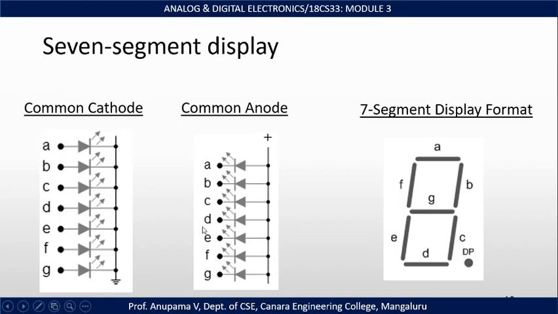When the input value is set to 0 for a particular input, then that particular LED will glow. That is, when D is given the value 0, then this particular D LED will glow in the case of anode type of 7 segment display. This diagram indicates the format in which the LEDs are arranged in the 7 segment display.